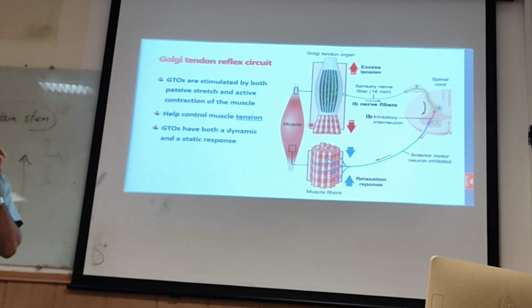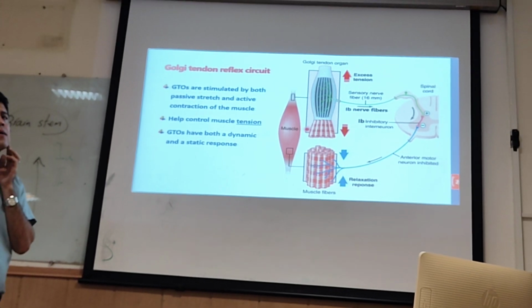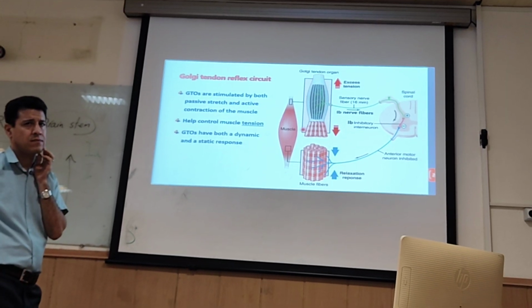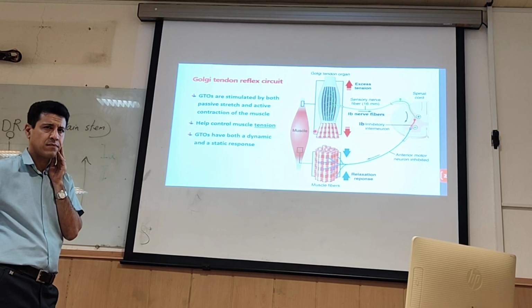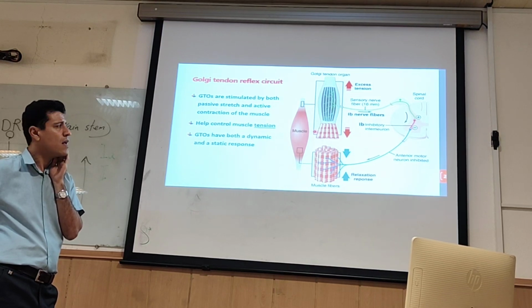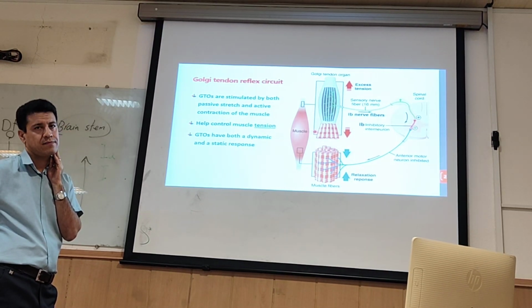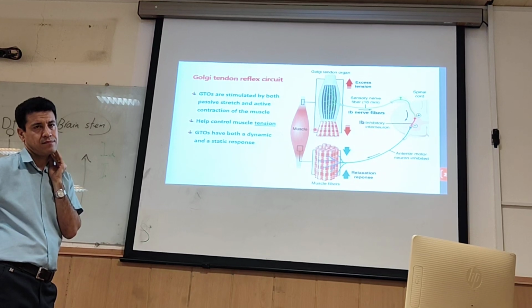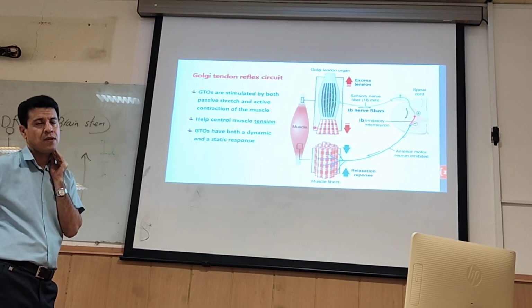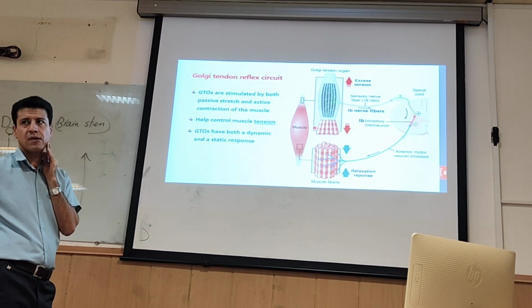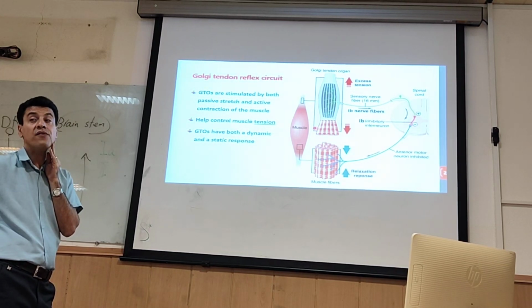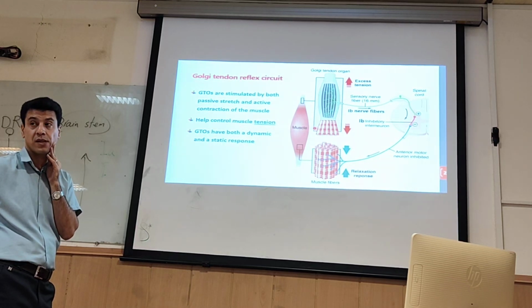You mentioned directly and indirectly. Yeah. So right now, here we have only indirect. So the indirect one is inhibitory. Is it conscious or subconscious? No, it's reflex. It happens subconsciously.